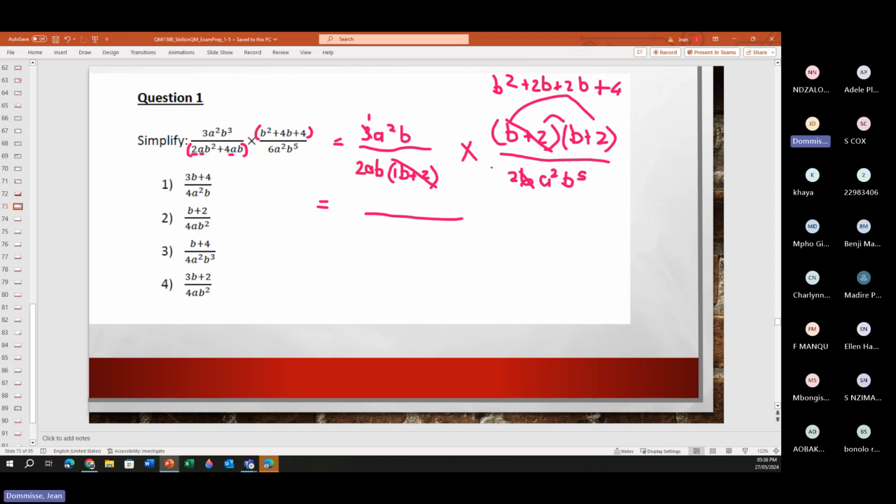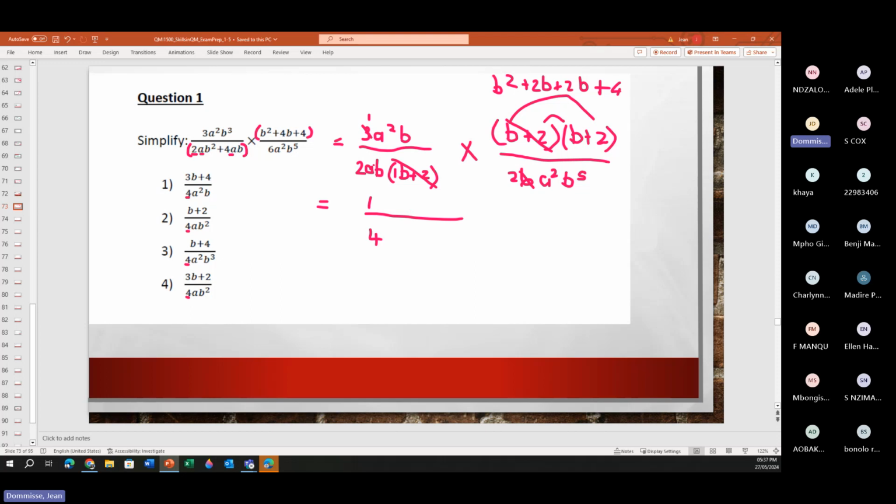So at the bottom, we're going to sit with 2 times 2, which is 4. At the top, I'm going to sit with 1 times that. But let's just check. At the top, we're not sure yet. There's a 4, so it can be that one.